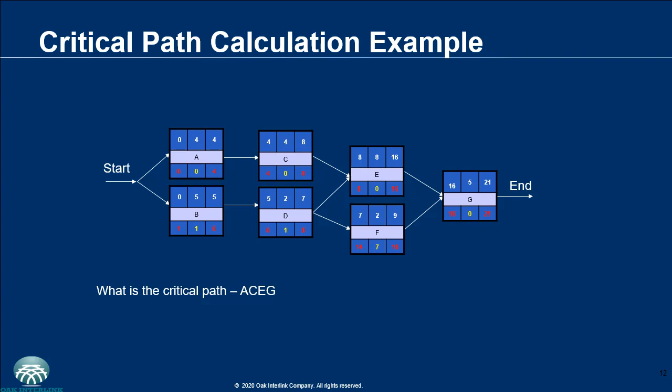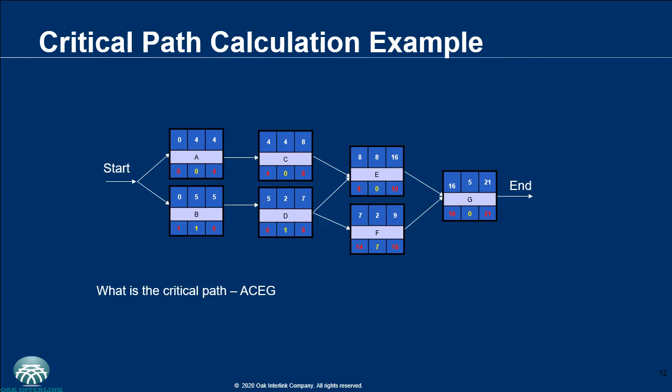So when you look through all of these boxes, the boxes that have slack in yellow as 0 are the activities on the critical path, and that gives you A, C, E, G. So that gives you the critical path activities.